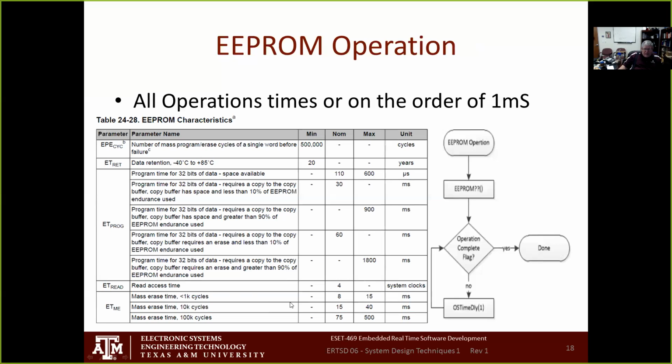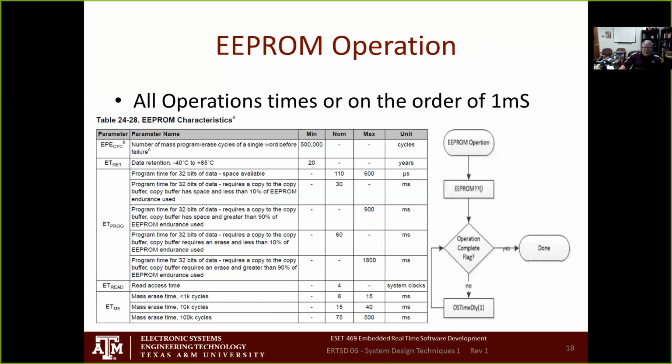Yes, so if we have to go off and erase, the erase time is going to take most of the time. For a mass erase, it's going to take somewhere around 15 to 500 milliseconds, depending on how long it's been since the last programming cycle.